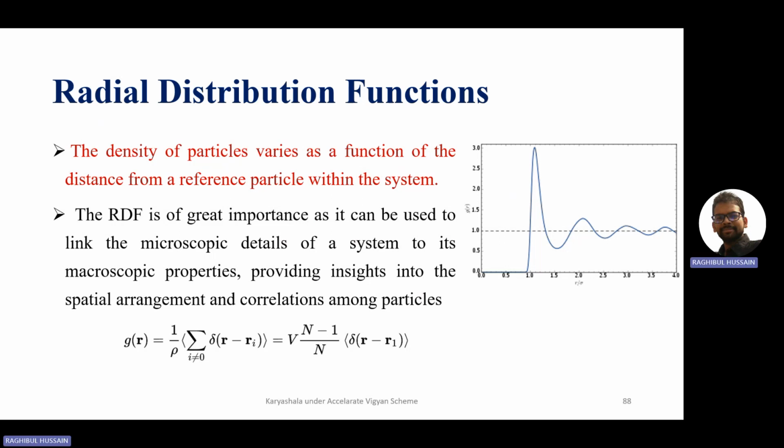In some cases, specifically for polymeric systems, we get the RDF like this way. It will not converge to 1. So what does that mean?